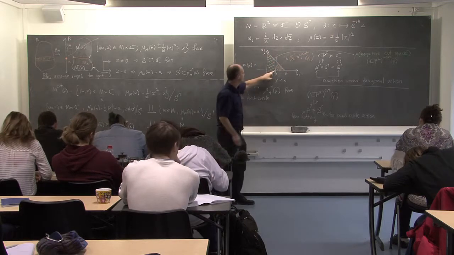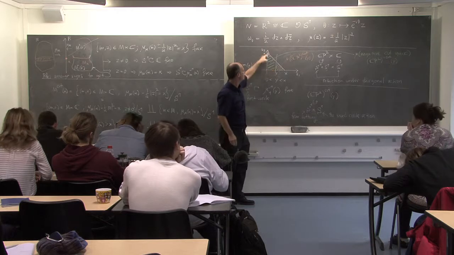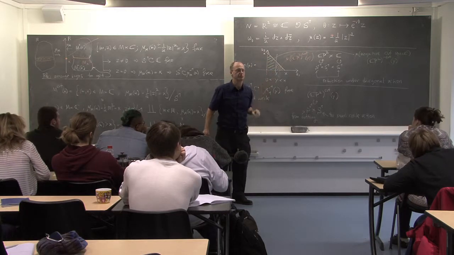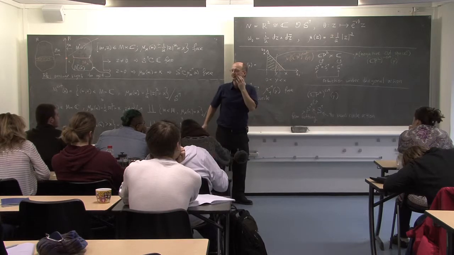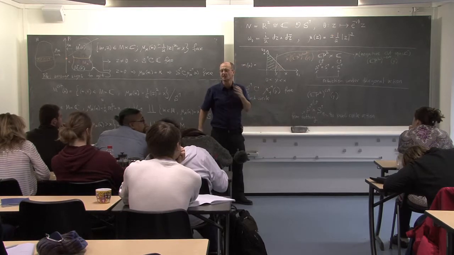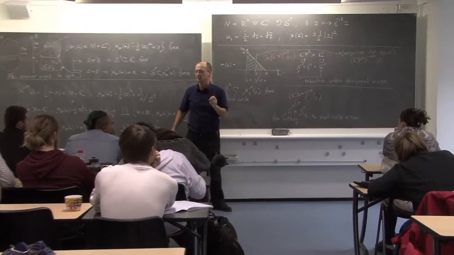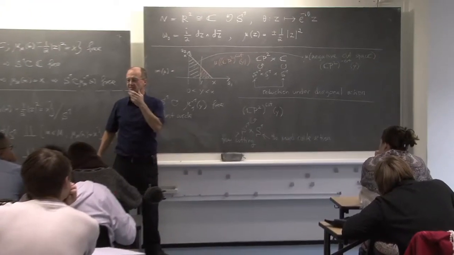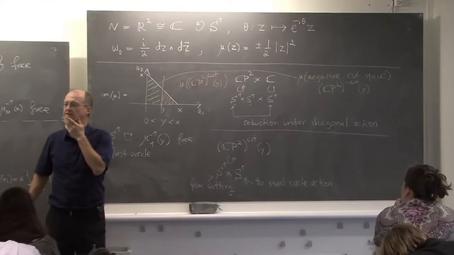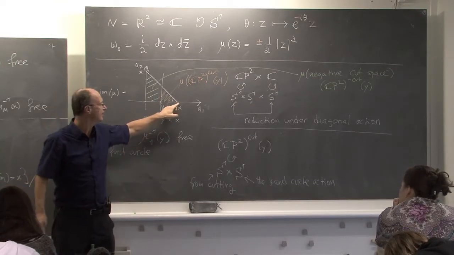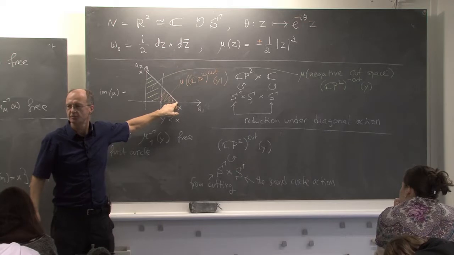But what is it for this trapezoid? Of course, some of you know very well the answer. So what's going to be this cut space where the image is a trapezoid? Is it a blow up at some point? Yes, it will be a blow up at the pre-image of the tip.